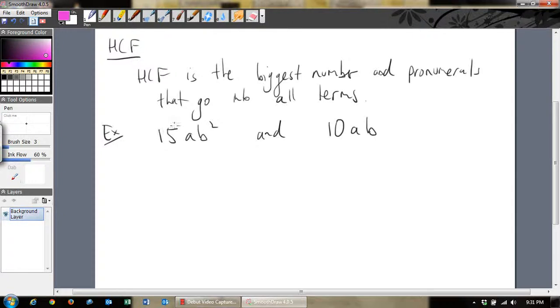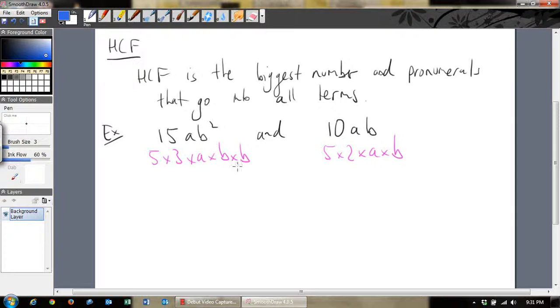I can see 15 and 10, 5 are factors that go into both of those. So I can write this as 5 times 3 times a times b times b, if I write that in expanded form. Over here I can write that as 5 times 2 times a times b.